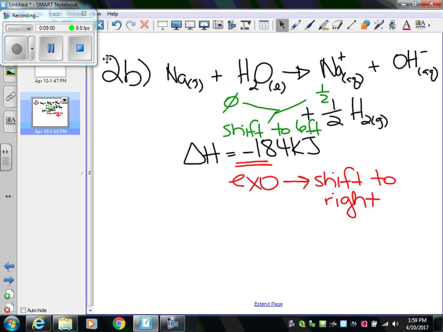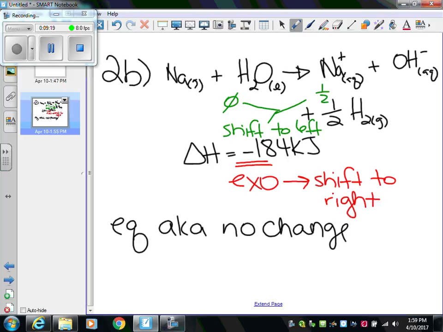So equilibrium with no change, right? Same idea, does that make sense? I'm just saying another way of thinking of it is that there's no change. Sorry, I worded that poorly. Okay, so equilibrium. One was left, one was right. Basically a 0. Moving on, okay?